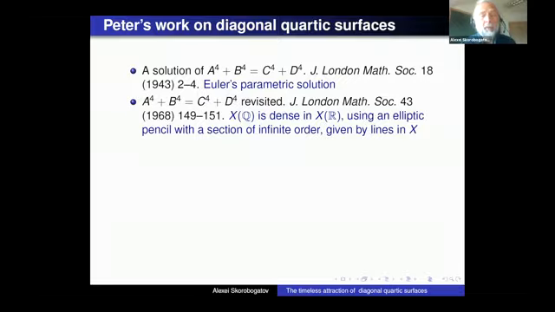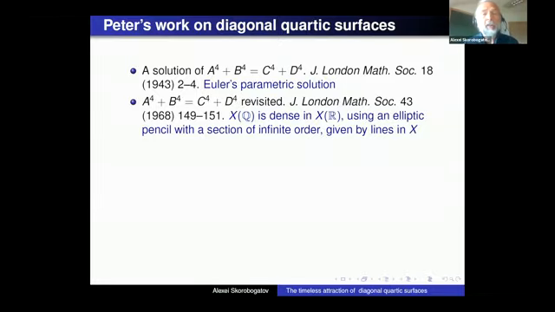And the proof is quite nice. This surface has many straight lines. It contains many copies of the projective line. For example, just look at the line given by the condition A equals C, B equals D. That's a P1.